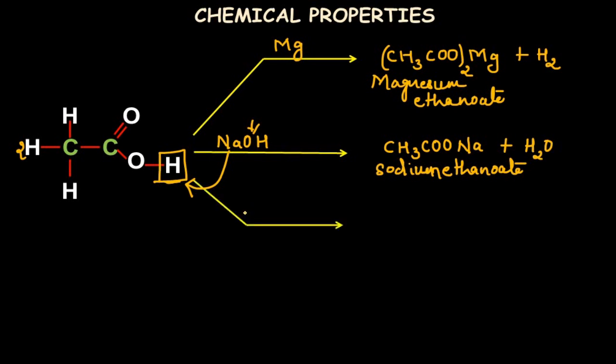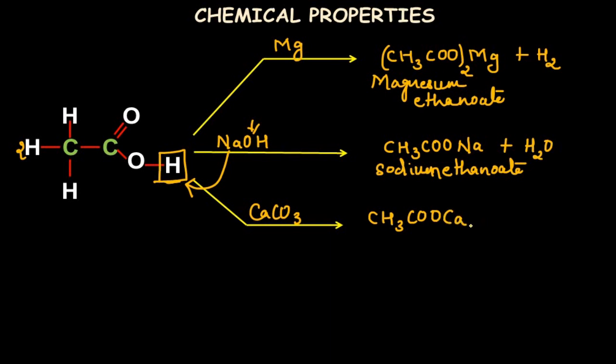Let's go ahead with the third reaction, carbonate. Calcium carbonate is what we want to react with the acid here. As I said again, the hydrogen of the acid will be replaced by the metal.